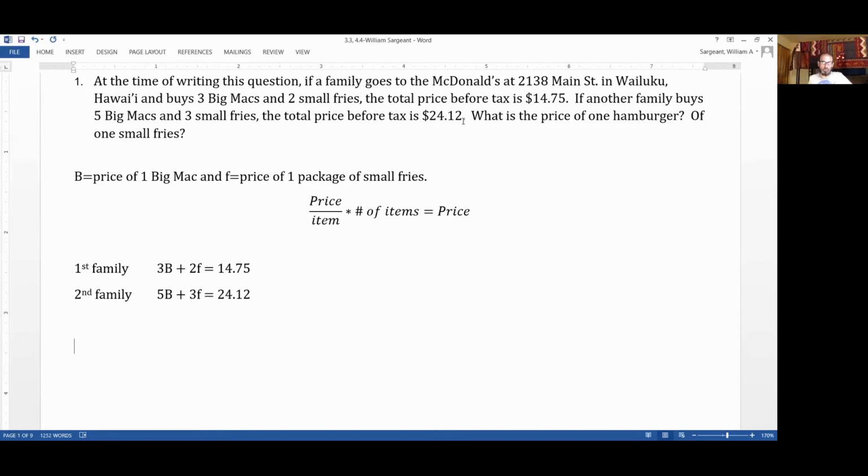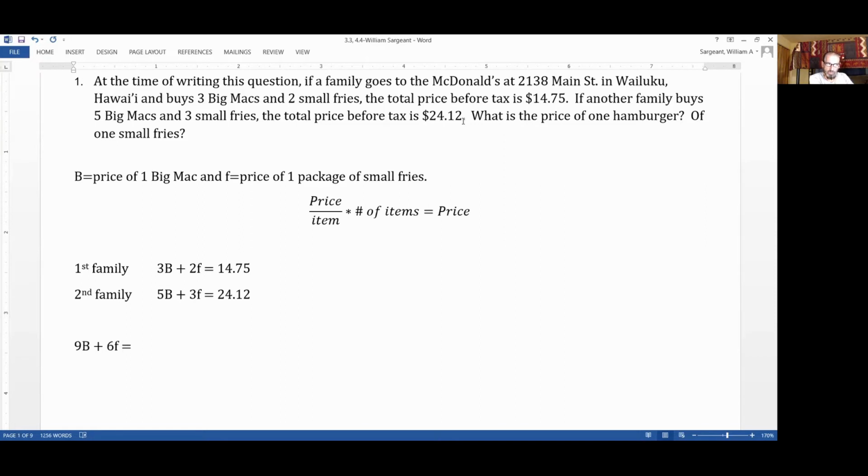I'd like to deal with smaller numbers. So I'm going to get one of those to be a 6F and one of them to be a negative 6F. The first one I'll multiply by 3, all terms on both sides.